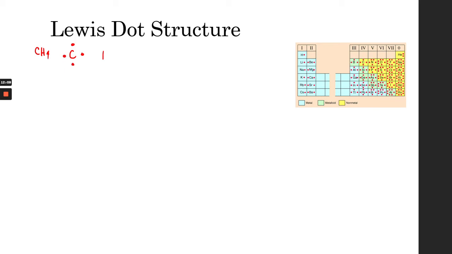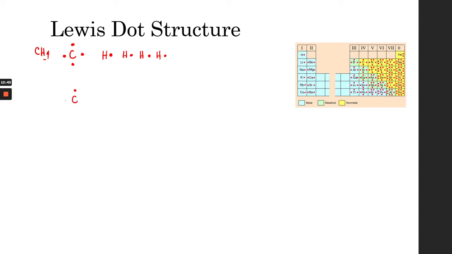Next, we have H, and our H only has one valence electron. So how does the Lewis structure help you understand the bonding of an element? Since we have 4 electrons, you can see right now that you're basically connecting the dots. So take your element with the most open areas that they could bond. For example, this one.